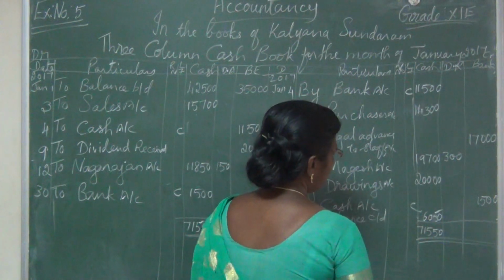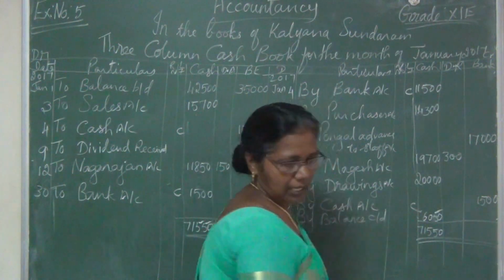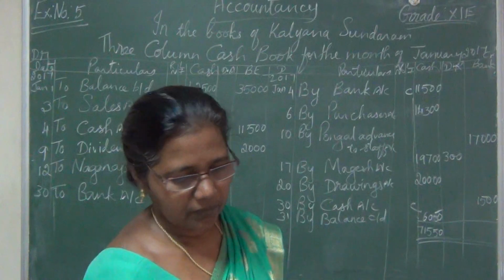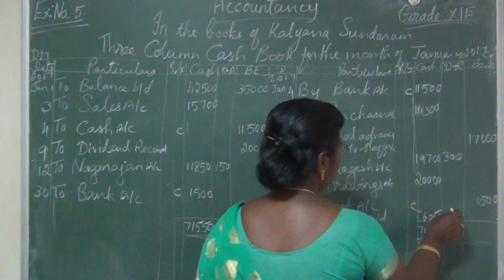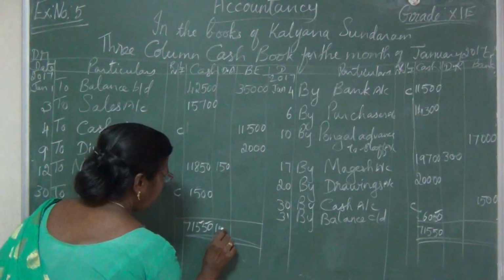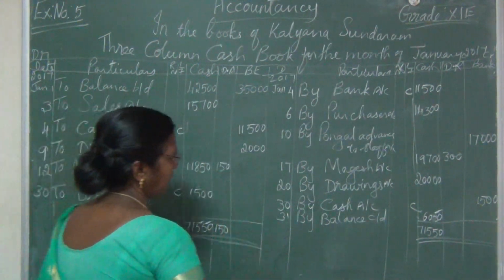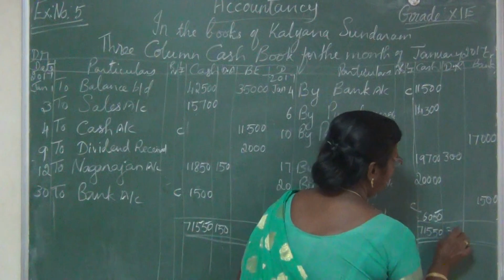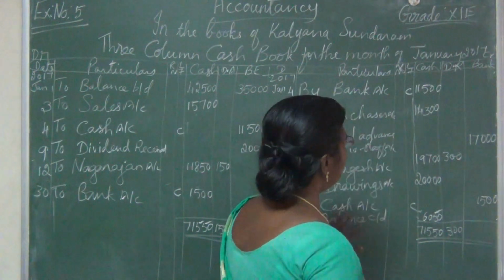So 6,050. Okay, 6,050. Now in the discount column, we can write the total amount. What is the total here? 150. Here 300. No need to balance, just total and leave.